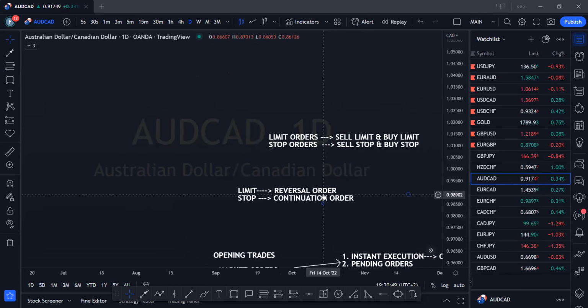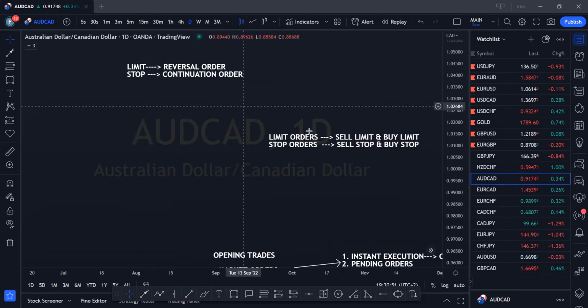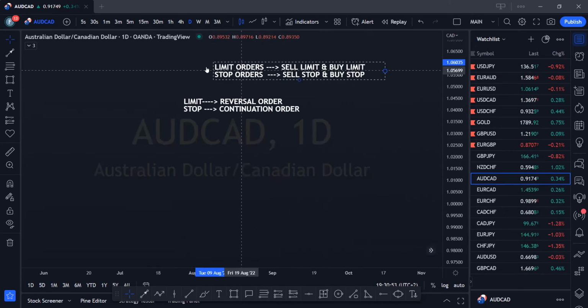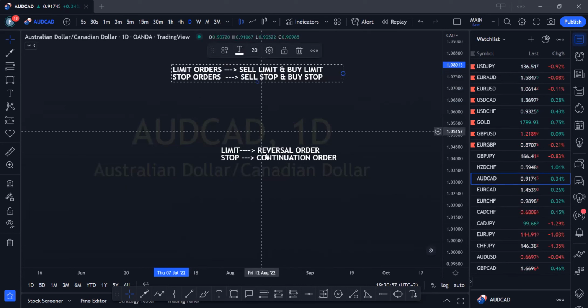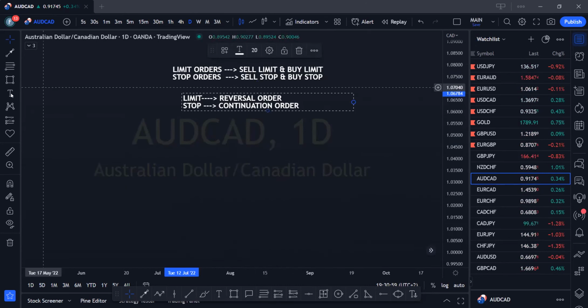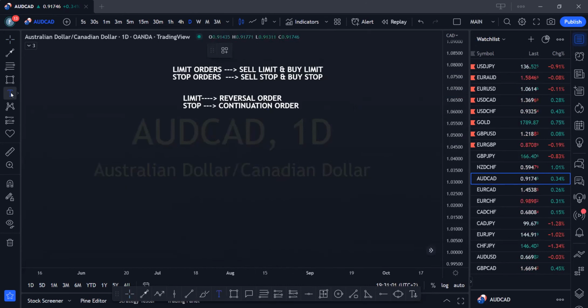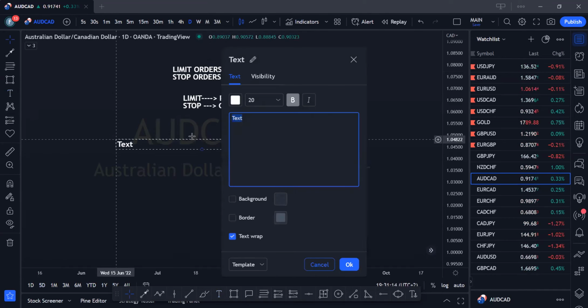So let's take the first example. For a limit order, we have the sell limit, right? If you are entering a sell limit order, remember they are all pending orders. So there are ways whereby we want to take entry in the market. So let's deal with sell limit first. When we say sell limit, what exactly are we talking about?